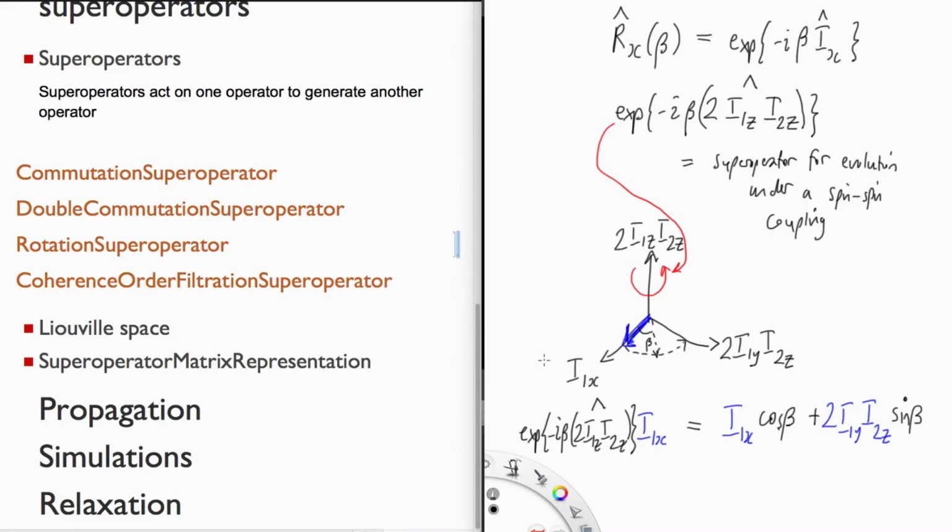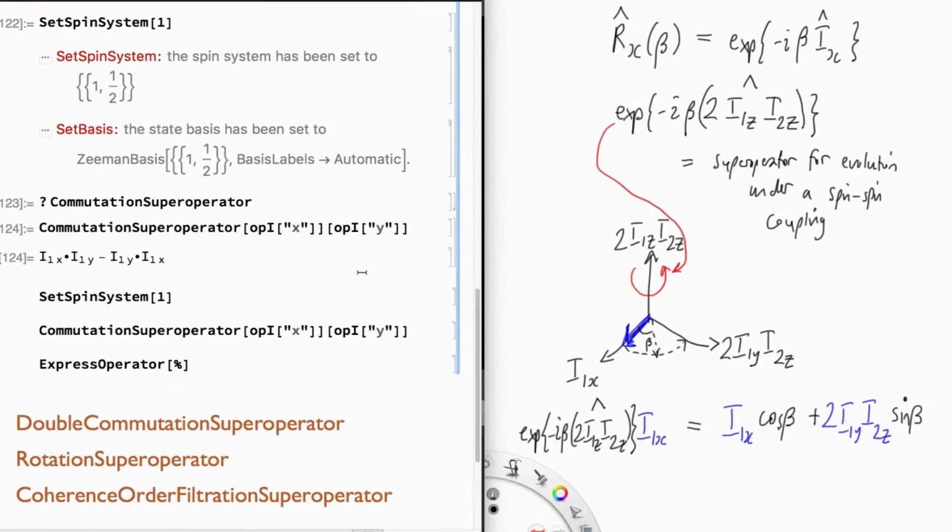So that's what we expect would happen. So let's see if SpinDynamica knows how to do that.